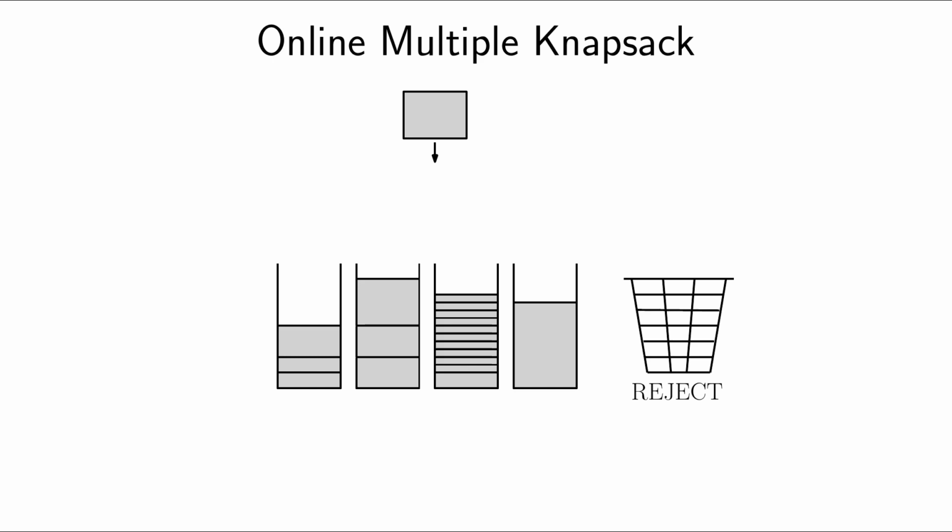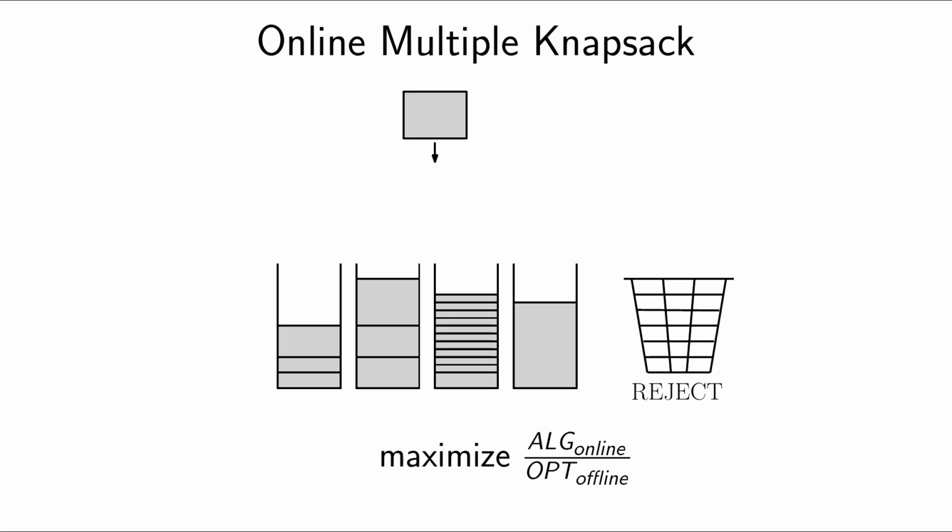Upon seeing an item, we either reject it or store it in one of our knapsacks. We emphasize that the decision must be made without the knowledge of future items. Moreover, the decisions are permanent, so we cannot, for example, move accepted items between knapsacks or reject a previously accepted item.